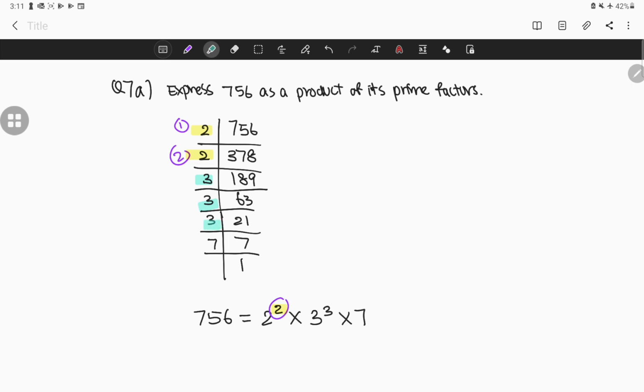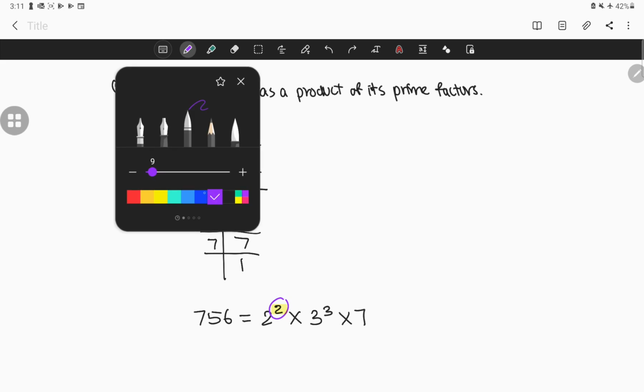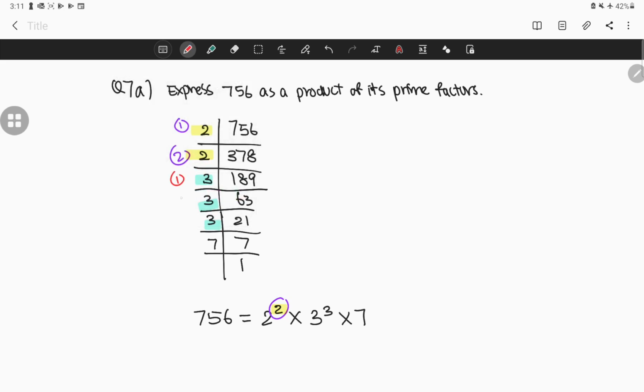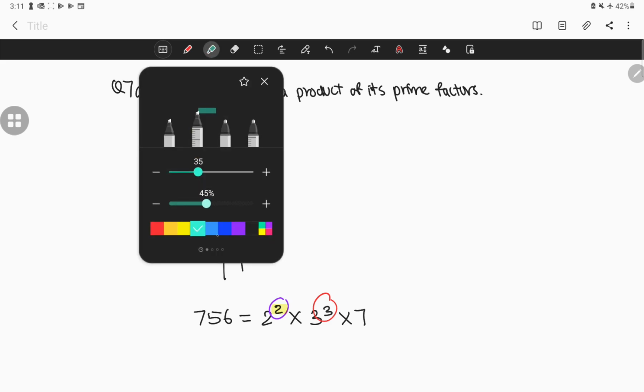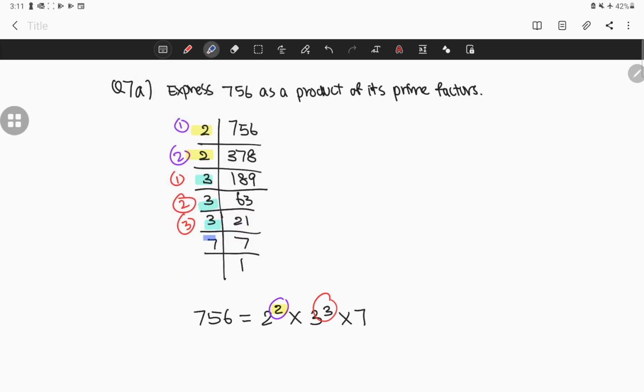We have three 3's here, therefore we have 3 to the power of 3. And lastly, because there is just one 7 over here, therefore there is only one 7. Okay, so this would be your final answer.